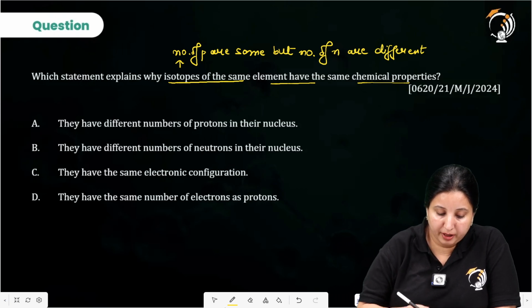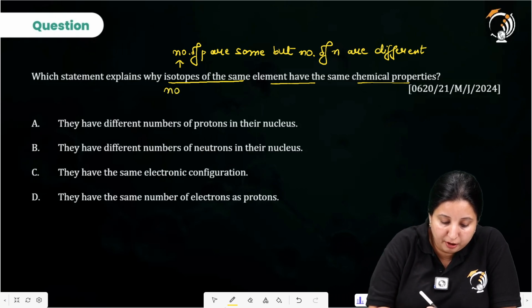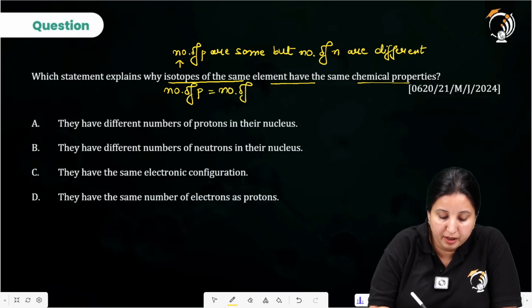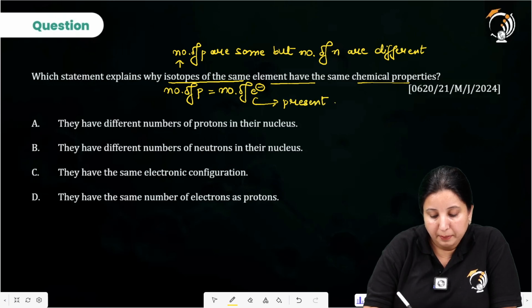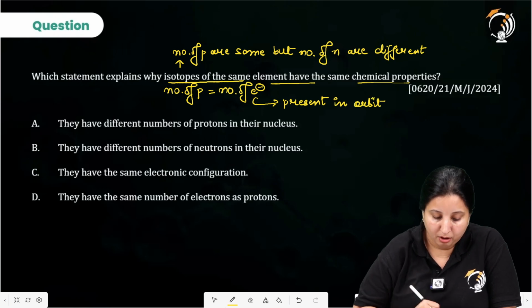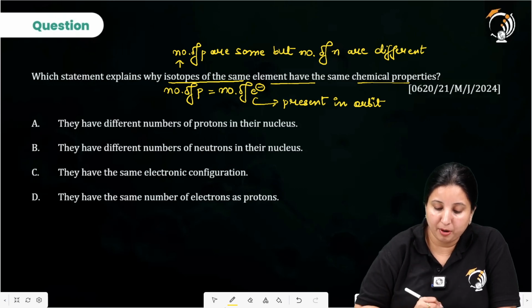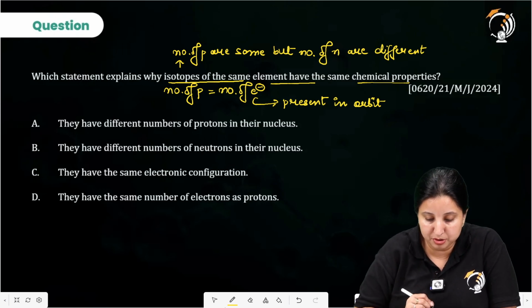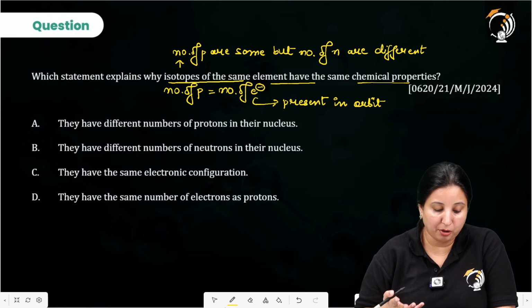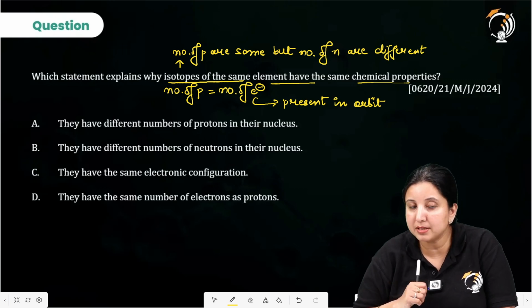Another thing over here is that the number of protons is equal to the number of electrons, and electrons are present in orbit. So basically the chemical properties depend on the number of electrons. As the number of electrons is going to be the same, the chemical properties are going to be the same.